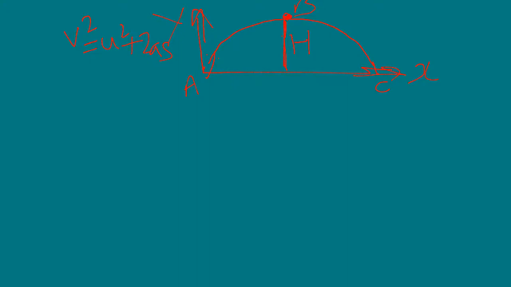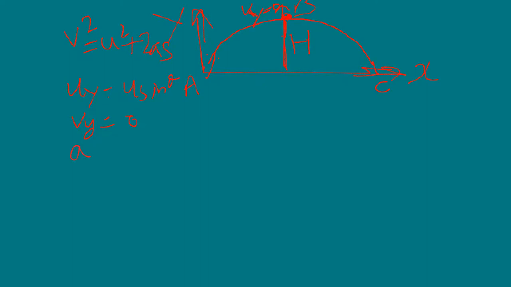So we will write along the y direction, initial velocity along the y direction is u sin theta, and final velocity along the y direction is 0, because here it is becoming 0, vy equals 0.